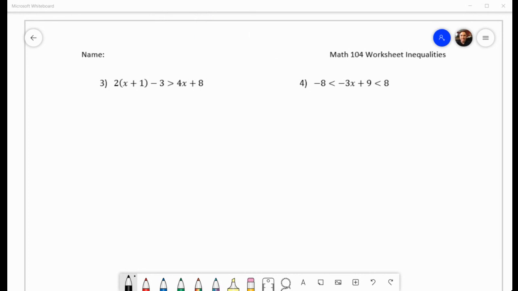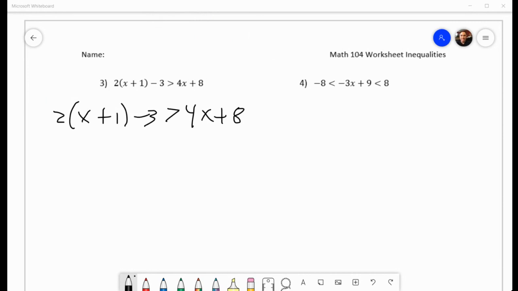Okay, so for this one now, for number 3, let me just write it out. Okay, so this is what we have here. Now for this, what we're going to do is solve the inequality. And just like with equations, it's good to simplify first.